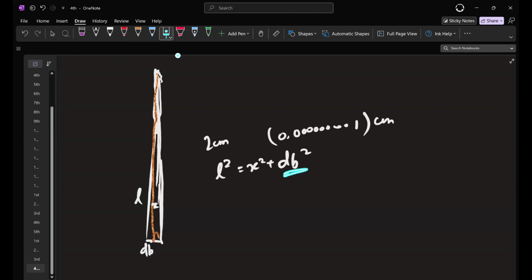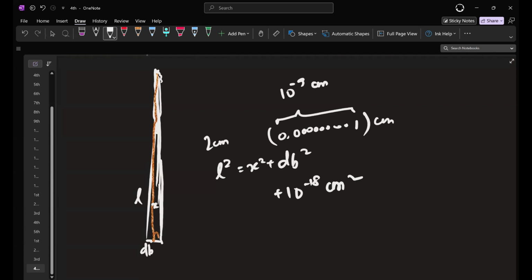Now, if you square it down, what will happen? Initially it was 10 to the power minus 9 centimeters, and when you square it, it will be 10 to the power minus 18 centimeters square.